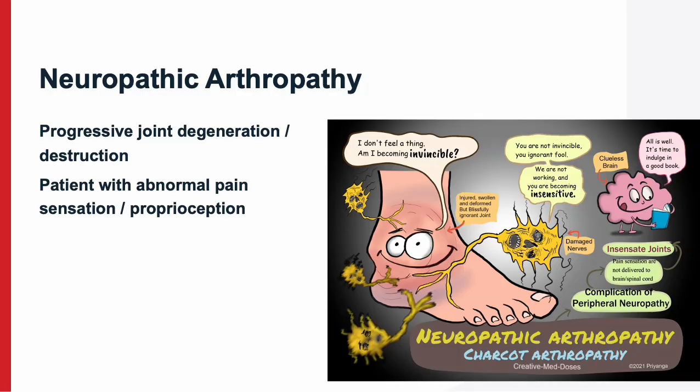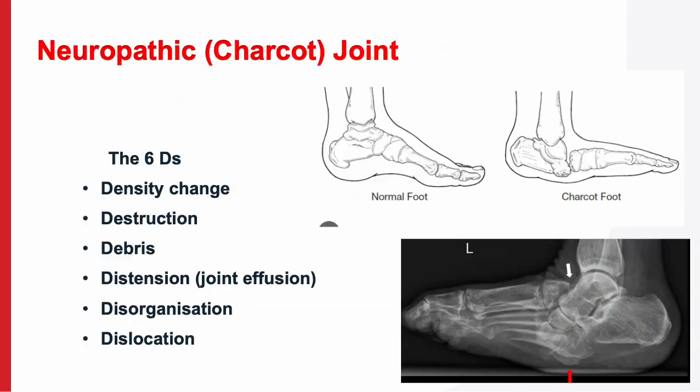Next we're going to talk about neuropathic arthropathy. This is progressive joint degeneration and or destruction, and it occurs in patients with an abnormal pain sensation or proprioceptive response. So they don't get the feedback from the joint when they are causing damage. So the classic X-ray changes for a Charcot or neuropathic arthropathy.